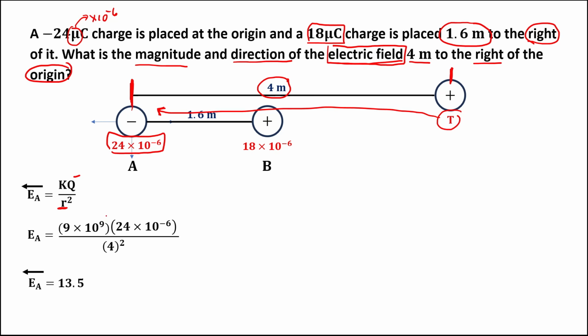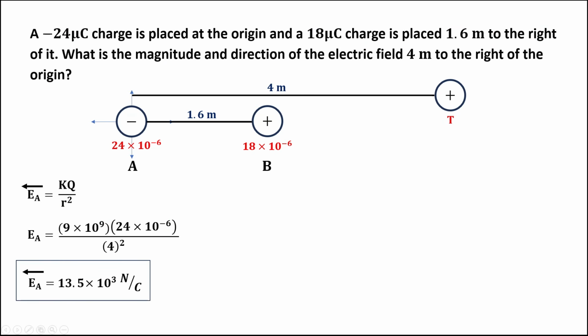Then for the exponents, we need to add them: 9 plus negative 6 is equal to positive 3. So times 10 to the power positive 3. The unit for this electric field is Newton per coulomb. So this is now the electric field for charge A.